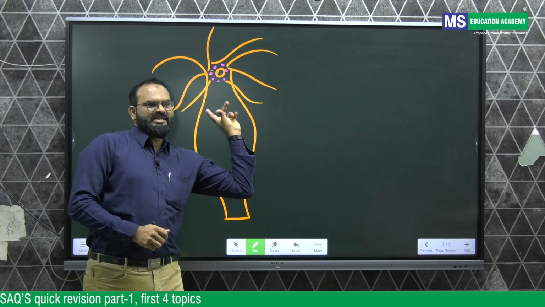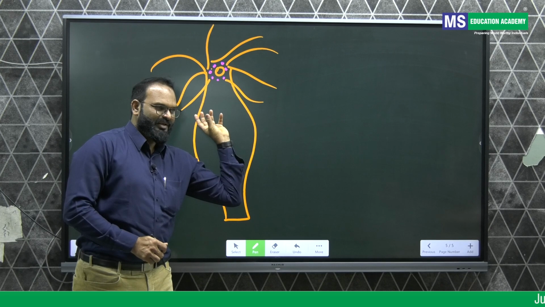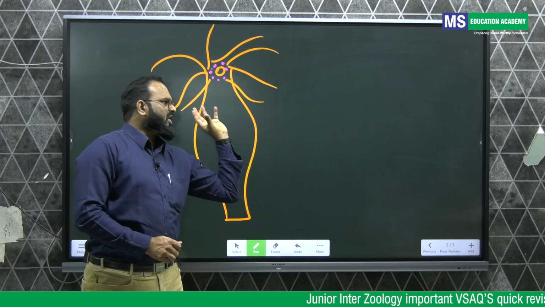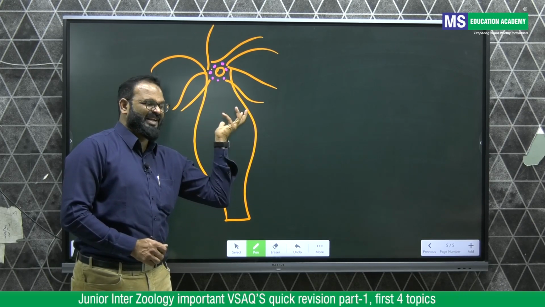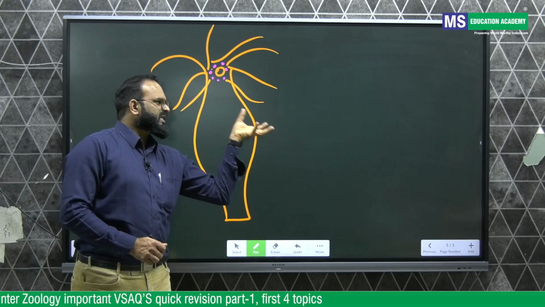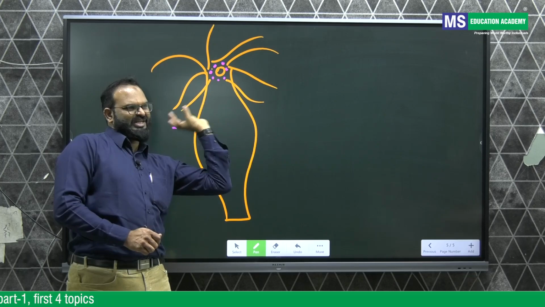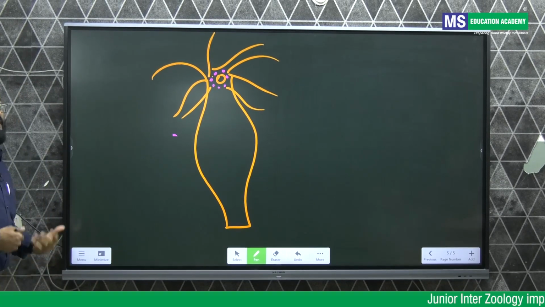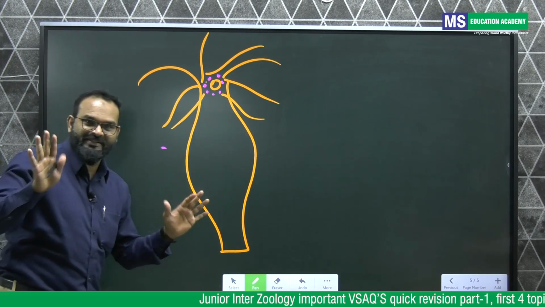Let us imagine these are tentacles. So this exhibits radial symmetry. For this animal, how is radial symmetry advantageous? Because body parts are arranged surrounding the mouth, it can respond to a stimulus given from any direction like this. That is how radial symmetry is advantageous to these animals. Hope you understood, students. Yes, sir.